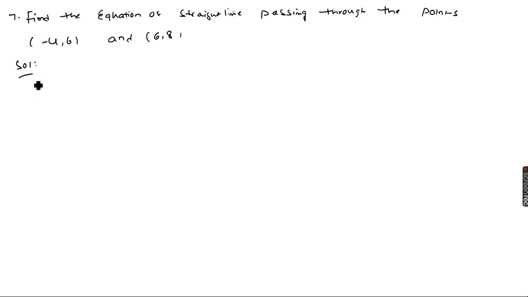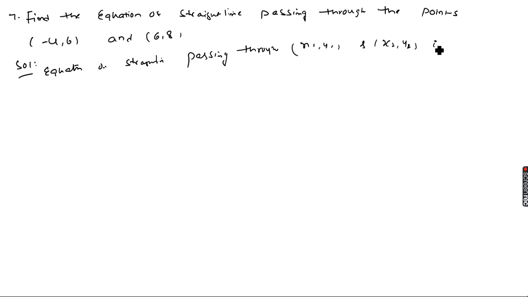We have a formula: the equation of a straight line passing through x1, y1 and x2, y2 is y minus y1 is equal to (y2 minus y1) by (x2 minus x1) into (x minus x1). Call this equation 1.